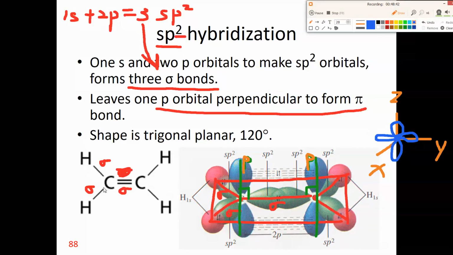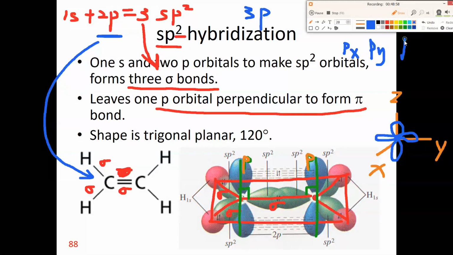On the central carbon there are 2p orbitals. We know there are three p orbitals, px, py, pz, from the early chapter when we talked about electron configuration.